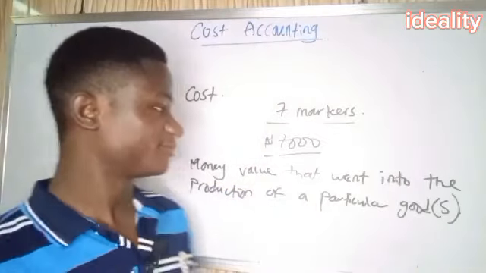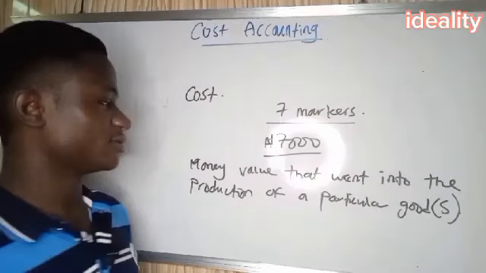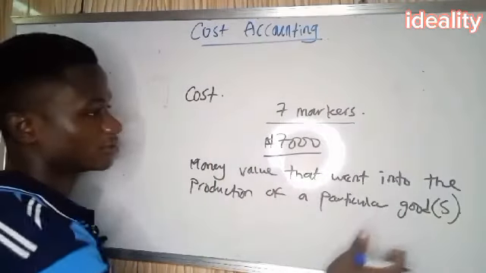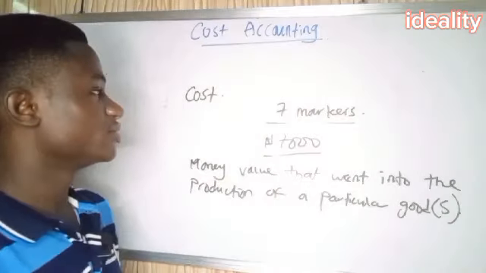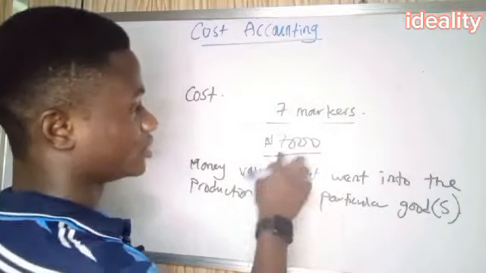So that is what we mean by cost, the money value that went into the production of particular goods. And the example I gave, that 7,000 naira to produce 7 markers, this is the money value.